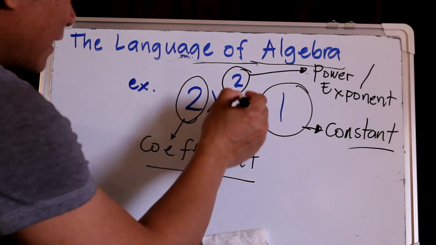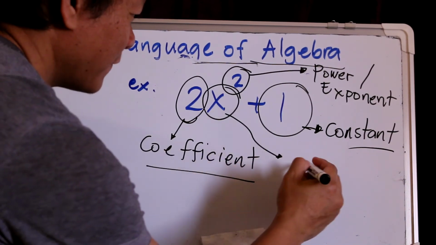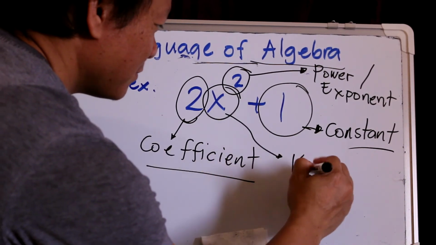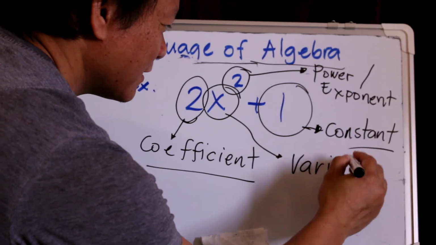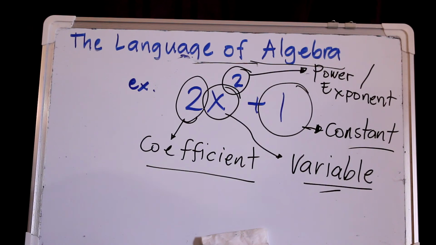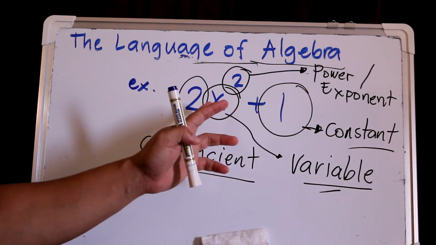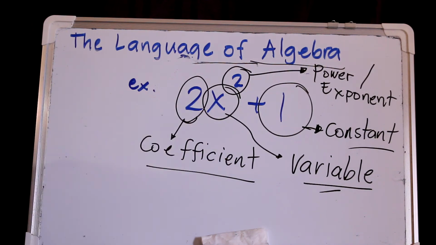The x right here is called the variable, so they can vary. They can vary on whatever number that you put in there.